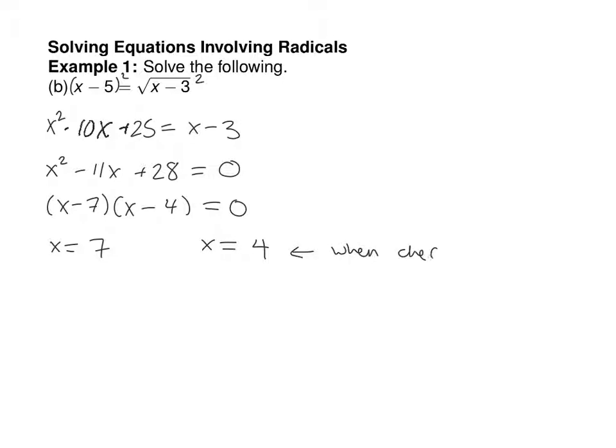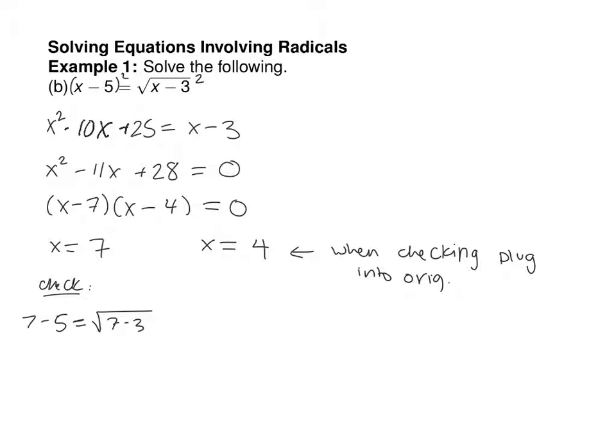When checking, plug into the original. Does that make sense as well? Always the original, because the place where you introduced extra answers happened somewhere in one of the first steps. So let's try 7. Does 7 minus 5 equal square root of 7 minus 3?